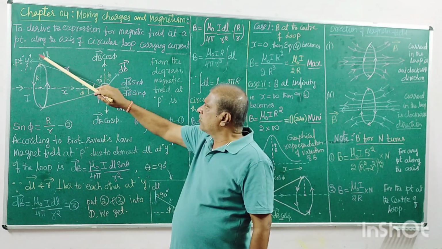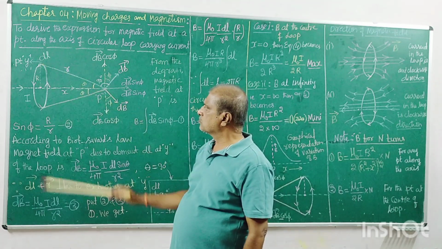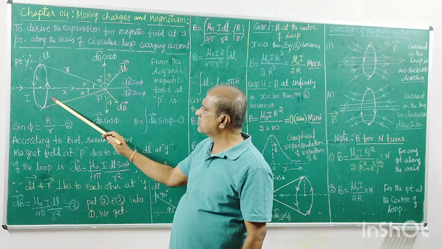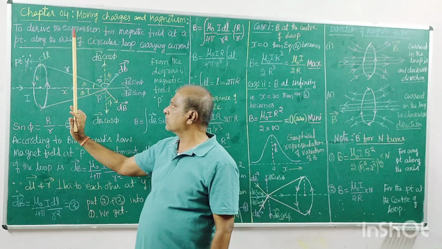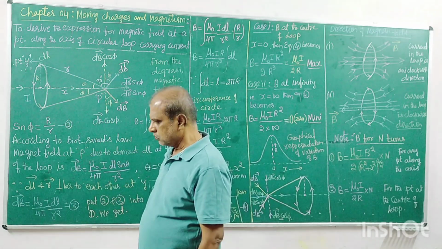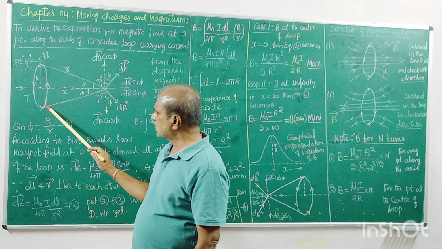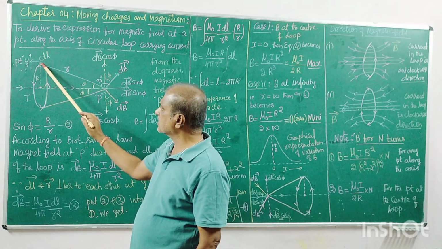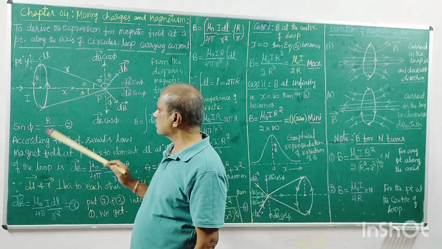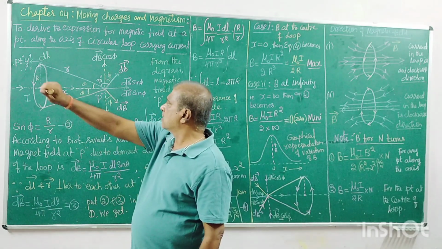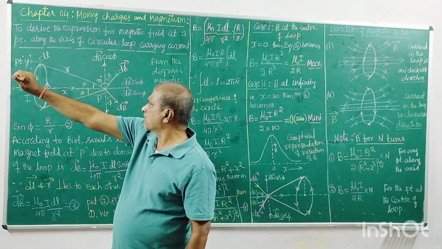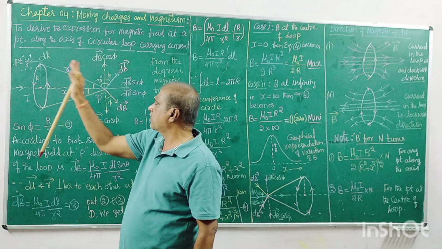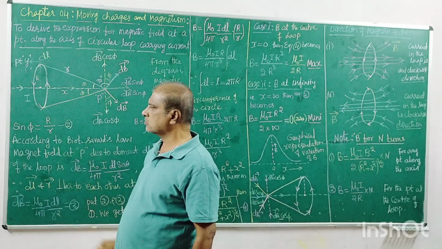Now what is the angle between dl and r in this diagram? This circle is lying perpendicular to the board but drawn like this. So this is in the plane of yz, that is the y axis, x axis, and the z axis is perpendicular to this point like this. This circle is perpendicular to the board plane.